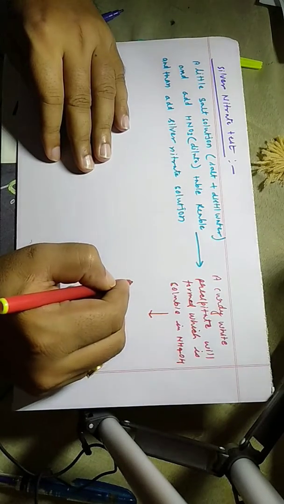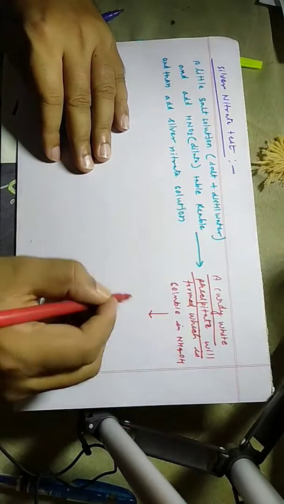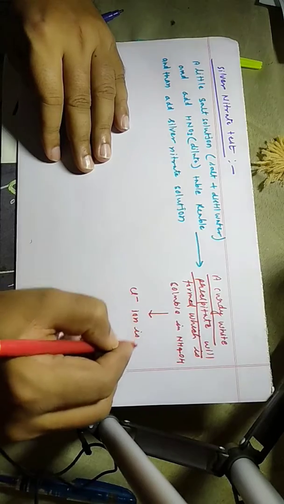If the curdy white precipitate forms, then the chloride ion is confirmed.